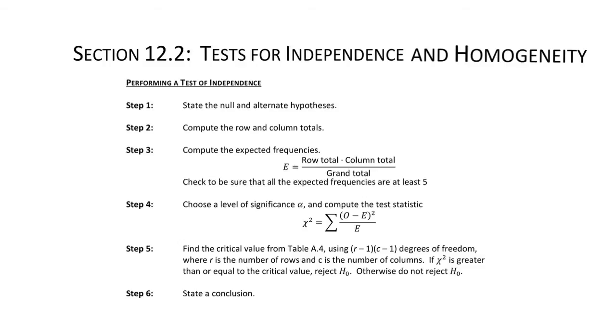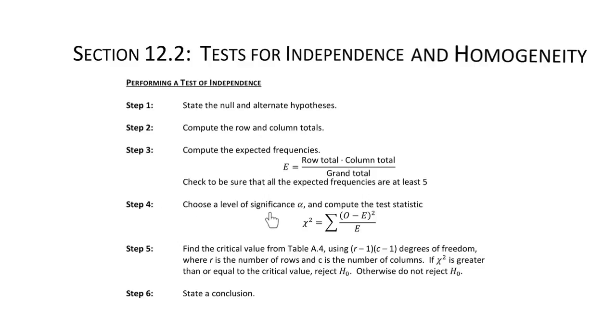Now let's see how to perform a test of independence. So first state the null and alternate hypothesis. Compute the row and column totals and compute the expected frequency. So this is the formula we just derived from that previous example.